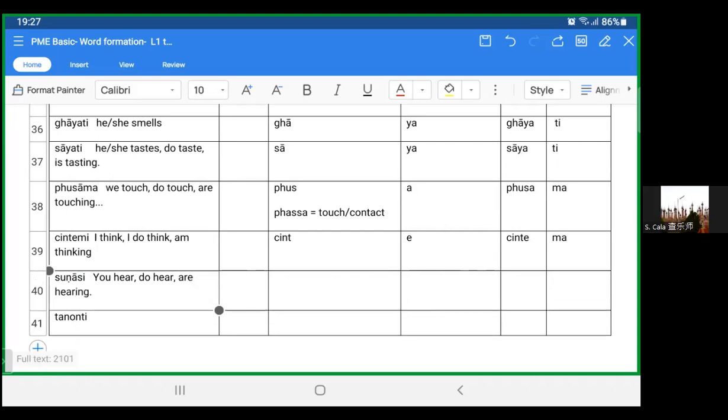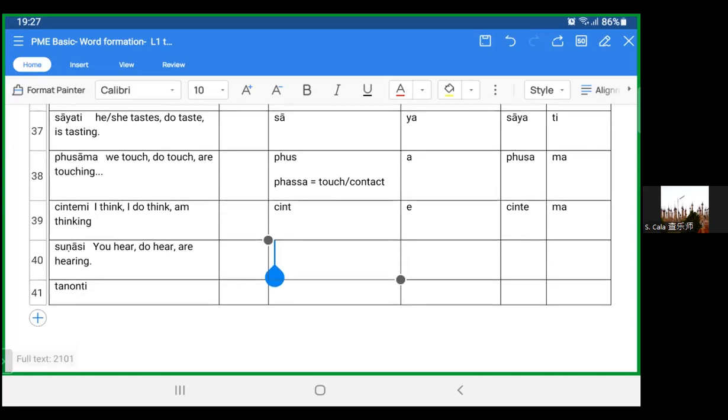Now, what is the root? Su. Okay. What is the conjugation sign? Very easy, na. So which group, if you can remember?